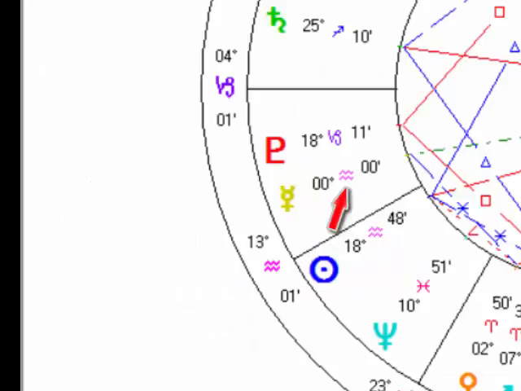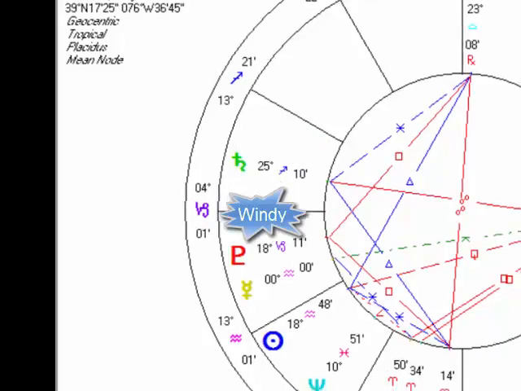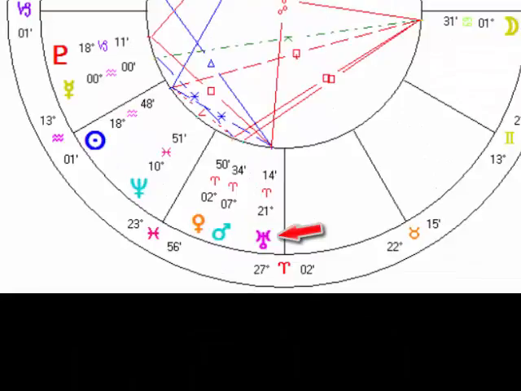Mercury is in Aquarius. Aquarius is ruled by two planets: Saturn, which is located in Sagittarius. Sagittarius is a windy sign. And also Uranus. Uranus is located in Aries, and that is also a windy sign.